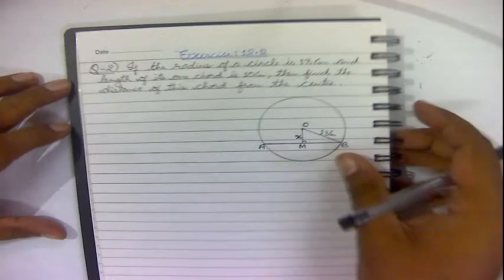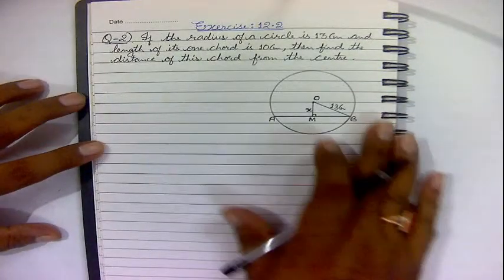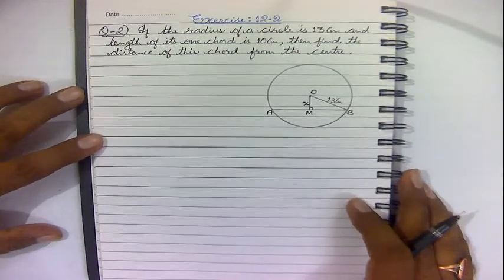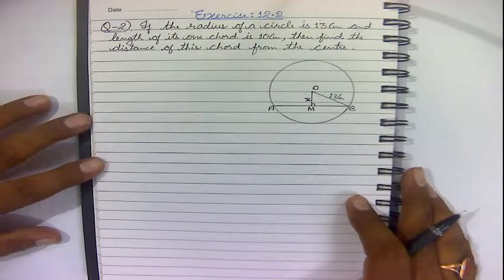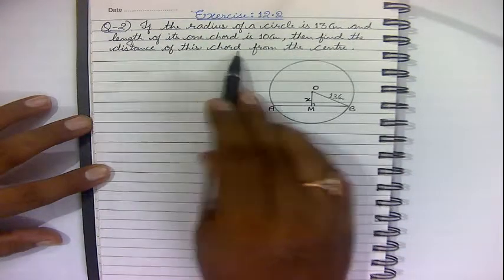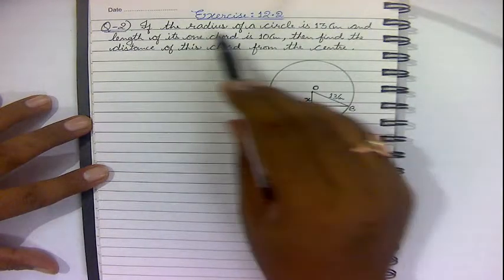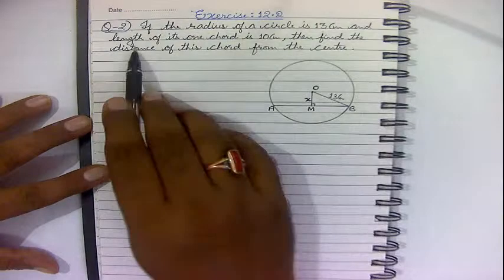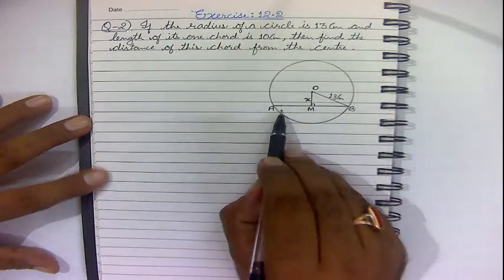So let's move towards the next question. Question number 2. Now question number 2, if you see, the question is, if the radius of a circle is 13 cm and the length of its one chord is 10 cm, then find the distance of this chord from the center. अब क्या पूछा है, क्या दिया हुआ है, एक सर्कल है जिसका रेडियस क्या है 13 cm, length of one chord is 10 cm, so AB is the chord whose length is 10 cm.